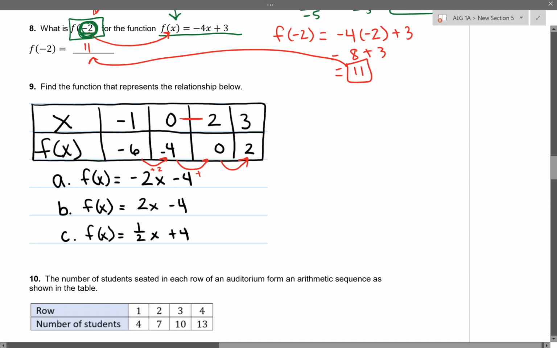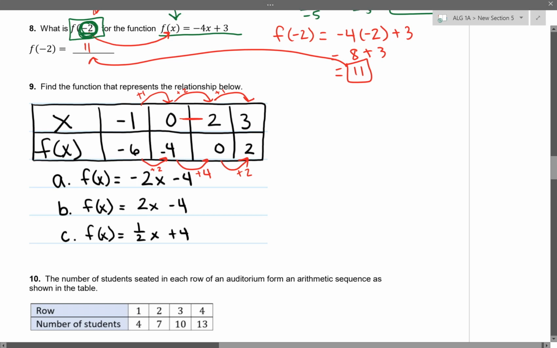So this is actually going up by 4, and this one is going up by 2. This one to this one to this one, negative 1 to 0 is a plus 1. 0 to 2 is a plus 2. And 2 to 3 is a plus 1.